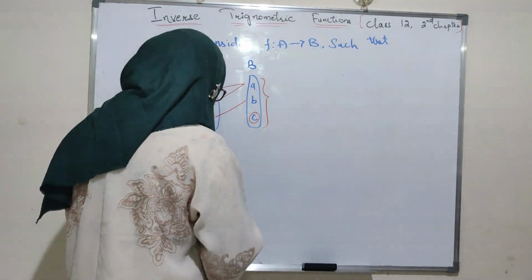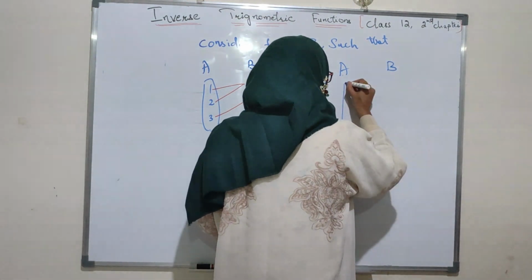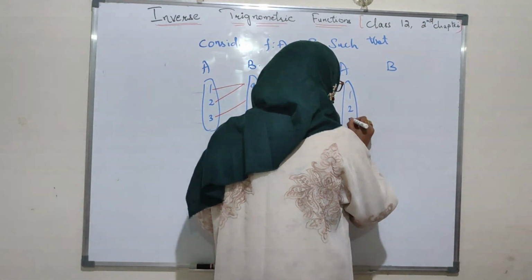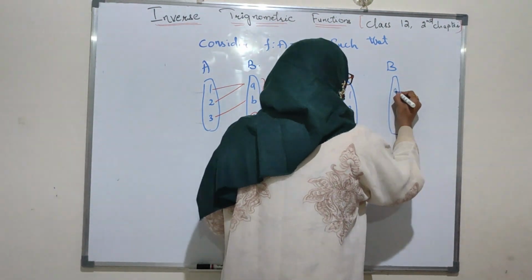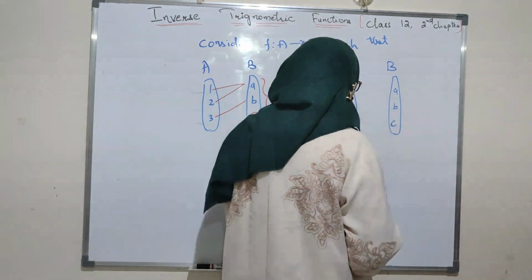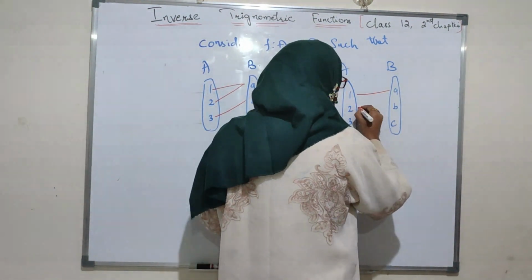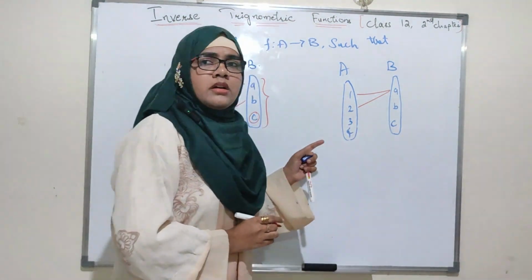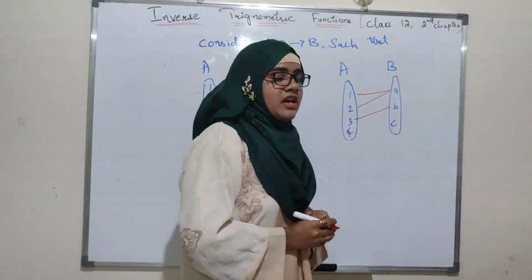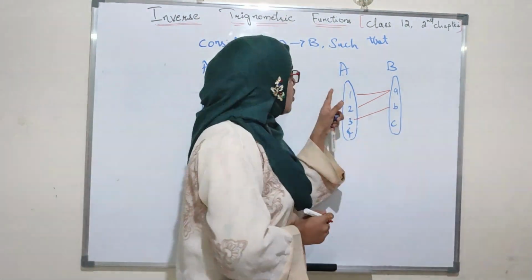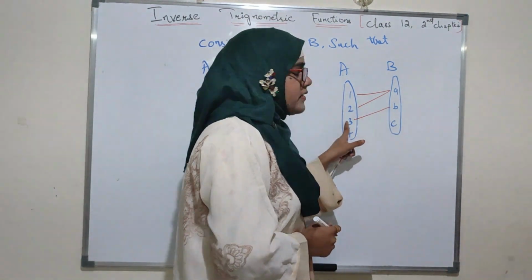So what is a 1-1 function? See here. Consider a set A and B. Here 1, 2, 3, 4, and here A, B, C. Suppose 1 and 2 connect to the same element A in the set B, and 3 connects to B. Means A is the image of two elements 1 and 2 from set A, and B is the image of 3.